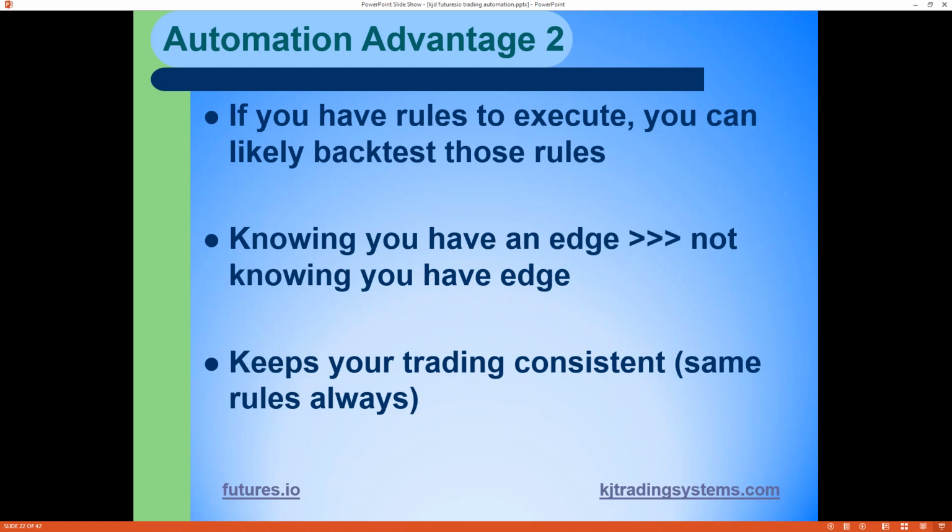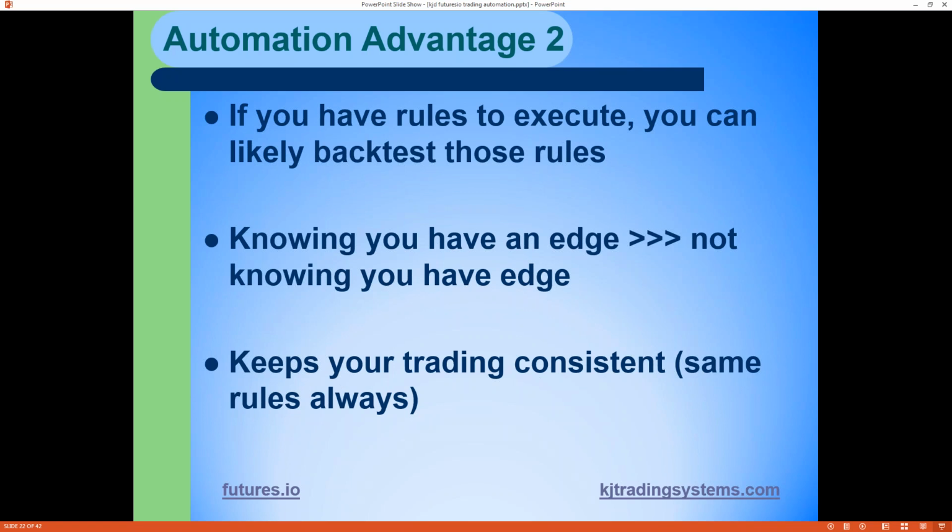And it's really a difference between knowing you have an edge and you don't have an edge, right? How else would you really know unless you trade in real time for a long time? I mean, you take a trade today, one trade, you could make money or lose money. Doesn't mean you have an edge. Could be luck. Luck plays a big factor a lot of times in trading over the short run.